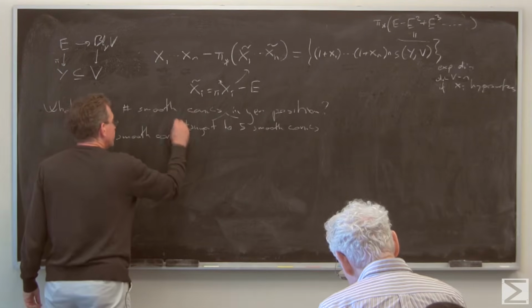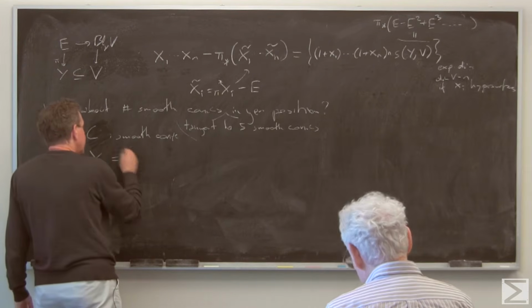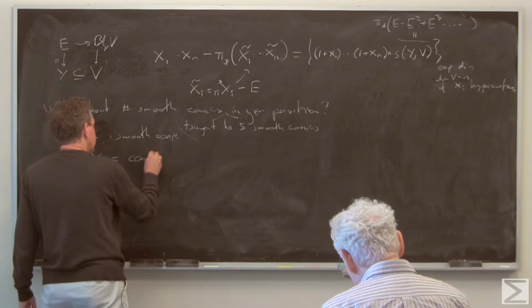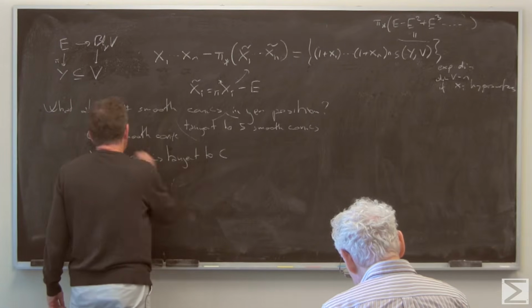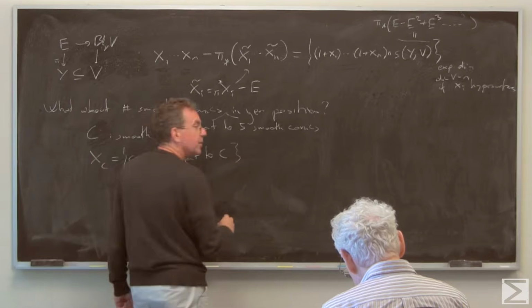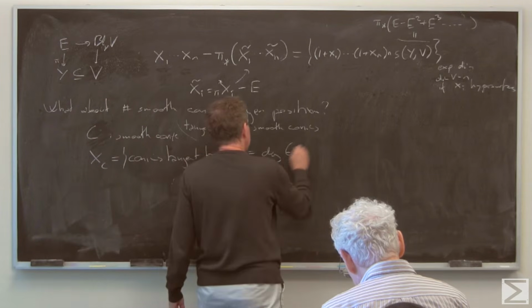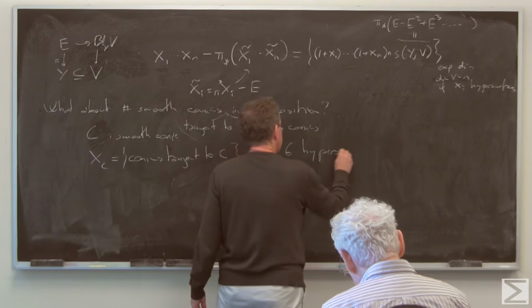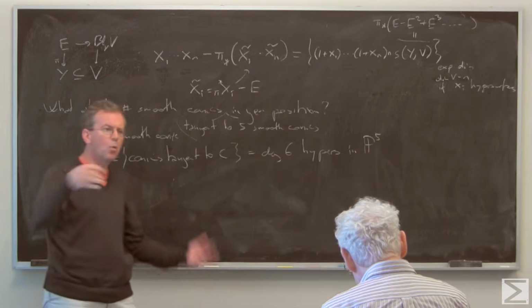Let me not do the computation that leads you to realize that the hypersurface of conics tangent to C happens to be a degree 6 hypersurface in P5. Remember, yesterday we were intersecting quadrics in P5.